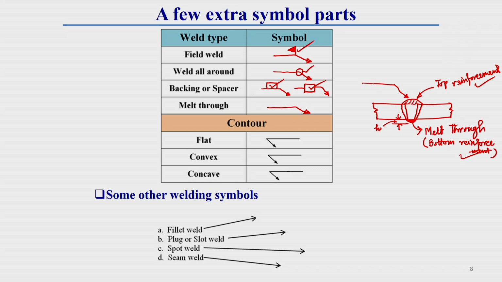Here the arrow side is the bottom side of this reference line, the other side is the top side of the reference line, and this melt through is represented like this, and we should fill it with a filled contour. Generally this melt through is represented with a filled contour shape.